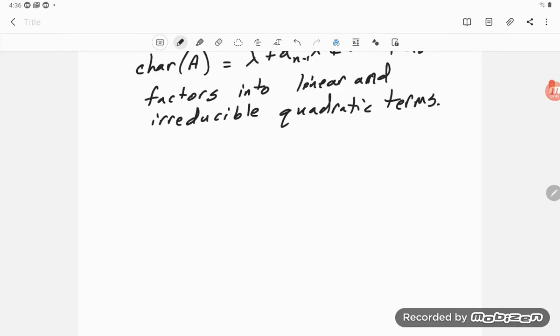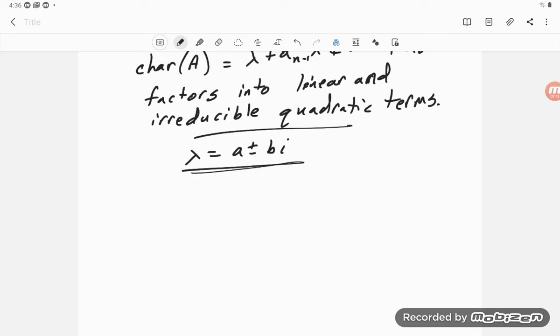Okay, so the irreducible quadratic terms, you're going to get roots of a given lambda equal to some real part plus or minus b times i. So you're going to get roots like that, complex conjugates from those irreducible quadratics.